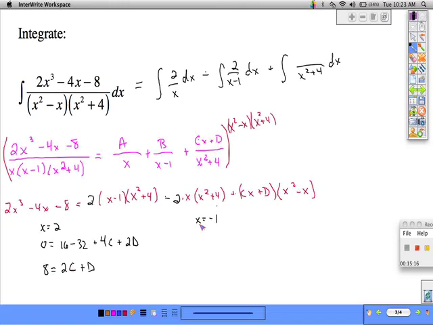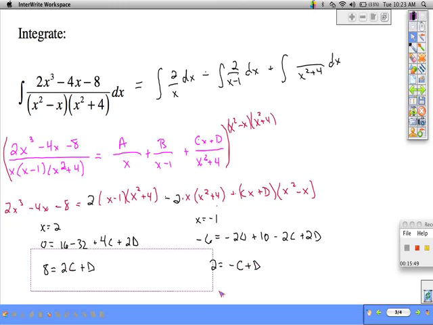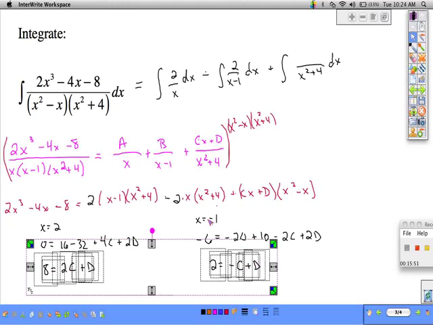When I plug in x equals negative 1, I'm left with negative 6 equals negative 20 plus 10 minus 2C plus 2D. And that equation reduces down to give me 2 equals negative C plus D. Now I have a system of two equations with two unknowns.